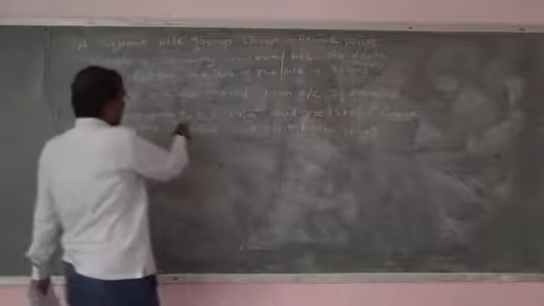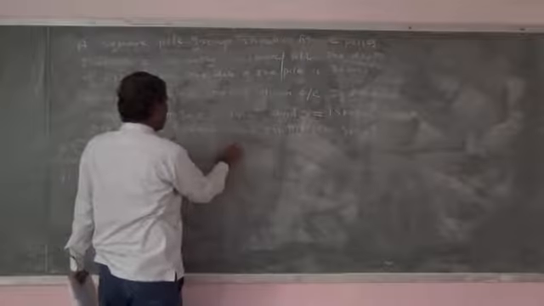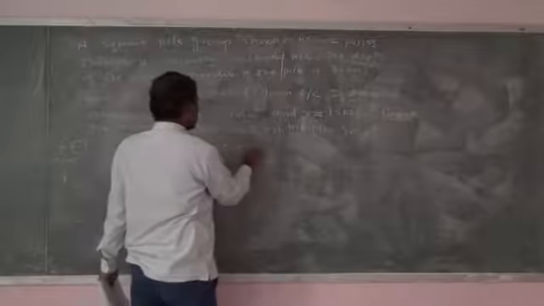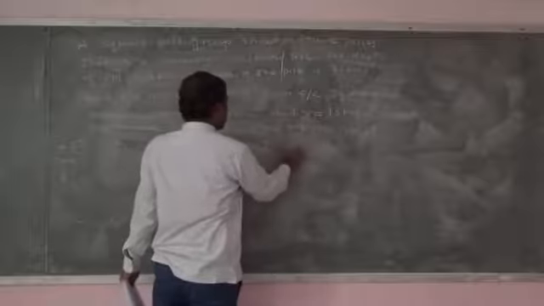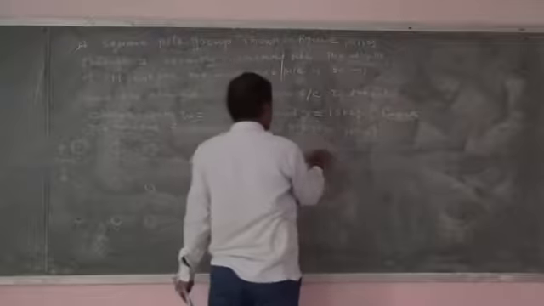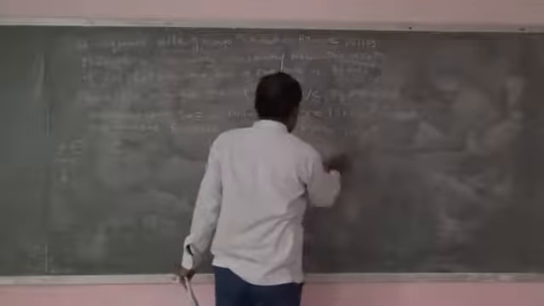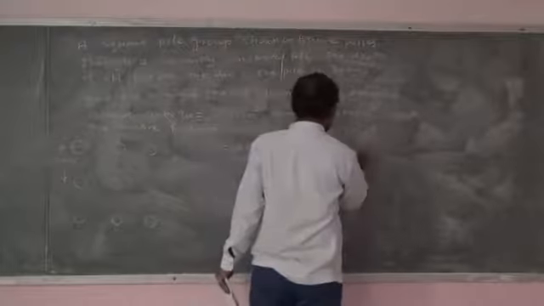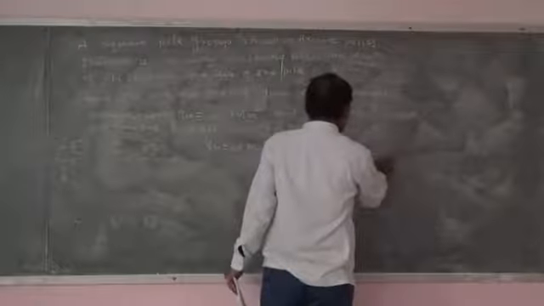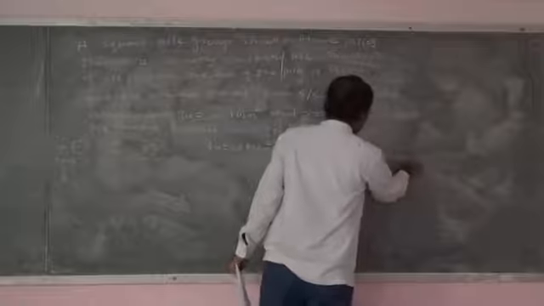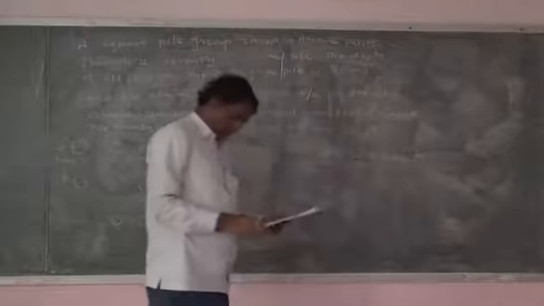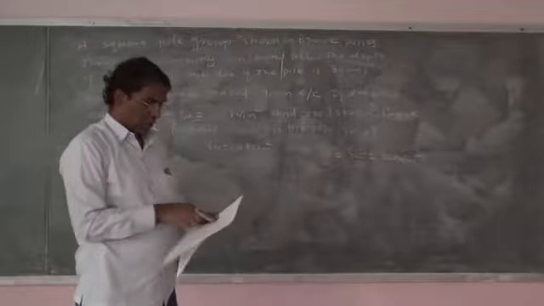It is cohesive, so q_u is given. q_u is unconfined 60 kilonewton per meter square. Therefore, cohesion c_u is equal to q_u by 2, so 60 by 2 equal to 30 kilonewton per meter square.